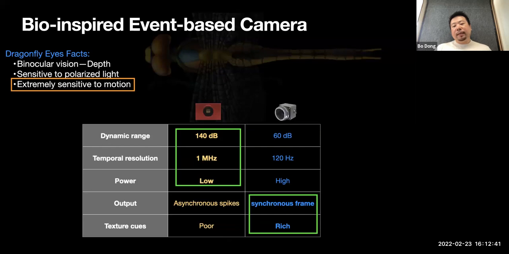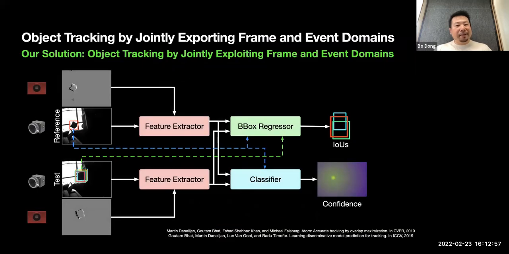So asynchronous spikes from the event-based camera really bring trouble to leveraging state-of-the-art CNN-based approaches. Also, event-based cameras do not provide texture information. So why not combine them together to leverage both advantages for object tracking? That's basically our motivation.